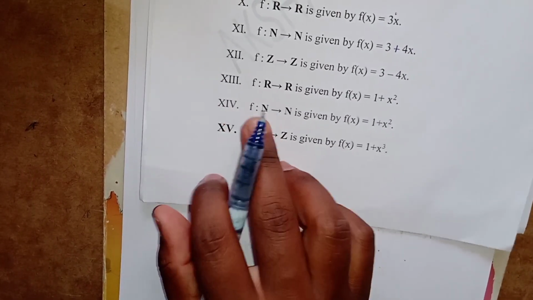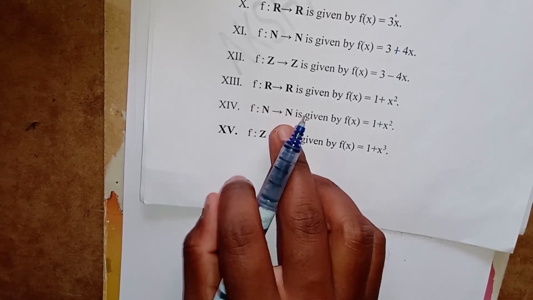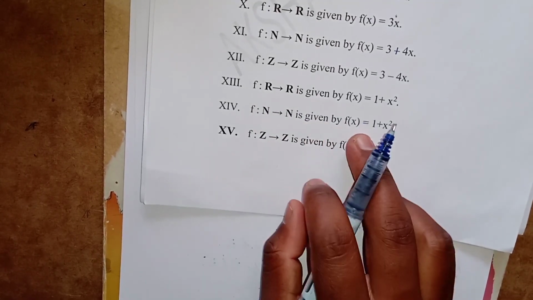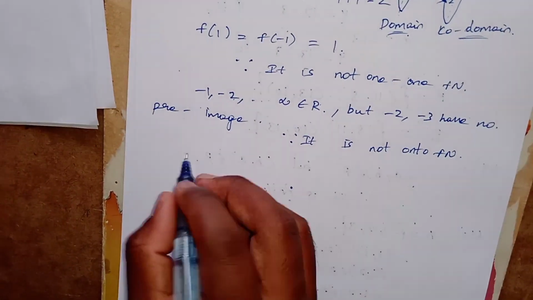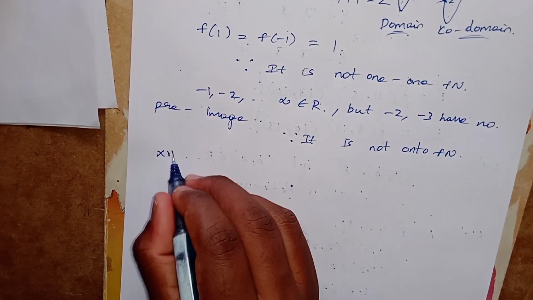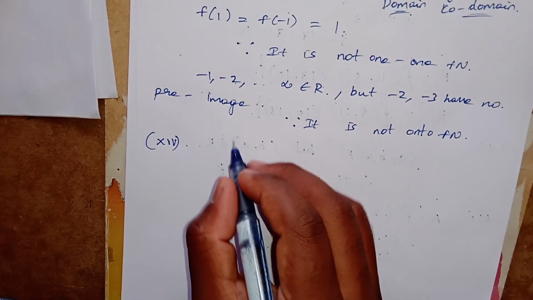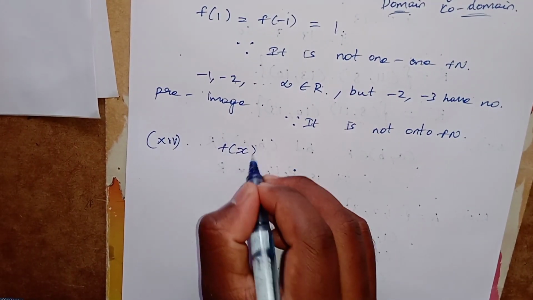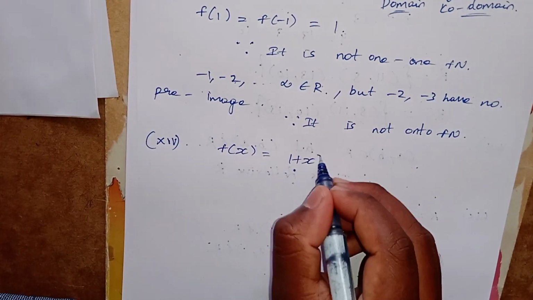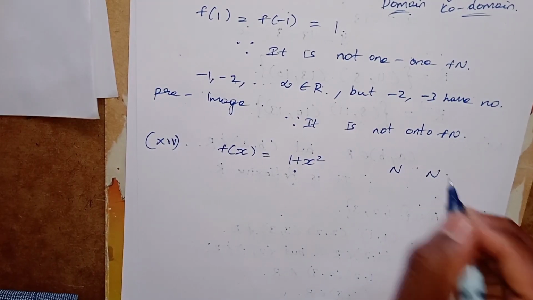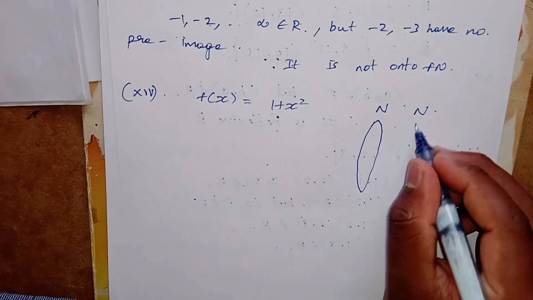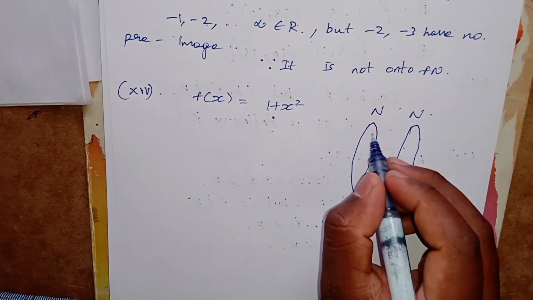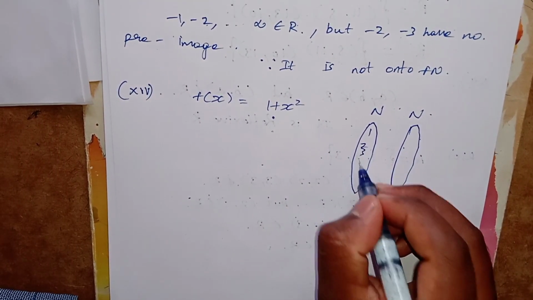Next, 14th, function such that natural number to natural number is given by f of x equal to 1 plus x square. The same terms, subdivision 14, f of x equal to 1 plus x square. I am taking natural numbers to natural numbers. Natural numbers means here starts from 1, 2, 3 up to plus infinity.